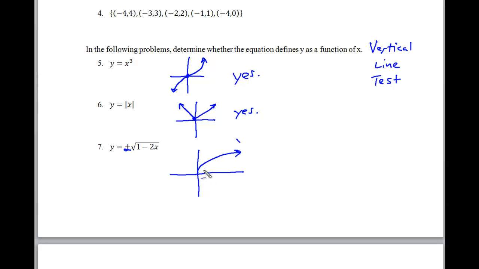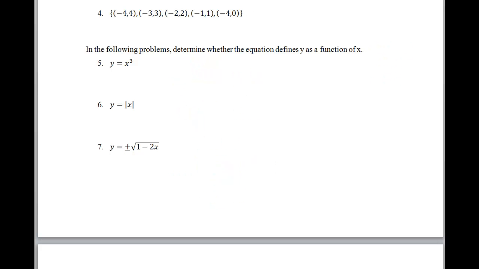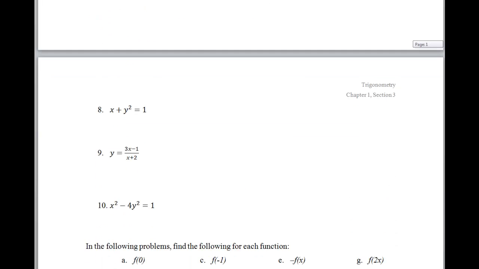It will be shifted based on the 1 minus 2x inside of the problem here, if you plotted all your points. But then if I put the minus part of it on, it will look like this. So this violates the vertical line test, and since it violates the vertical line test, then no, it is not a function of x. Let's go and take a look at some more pieces of this here.